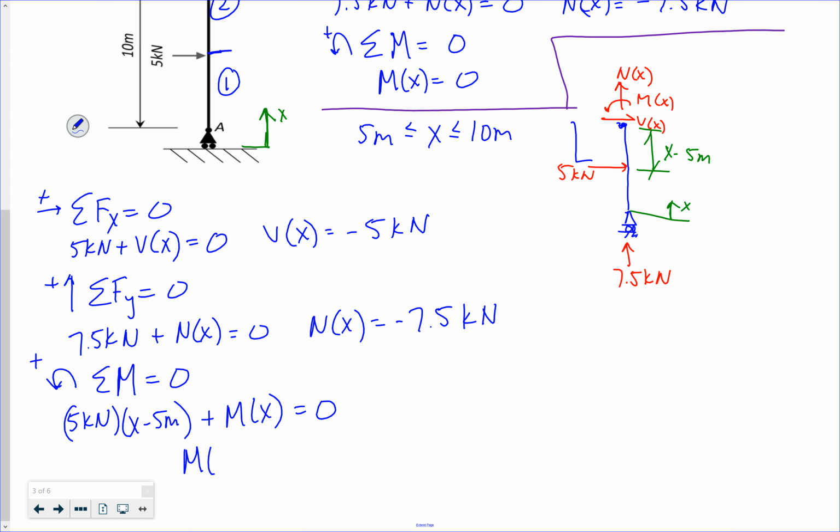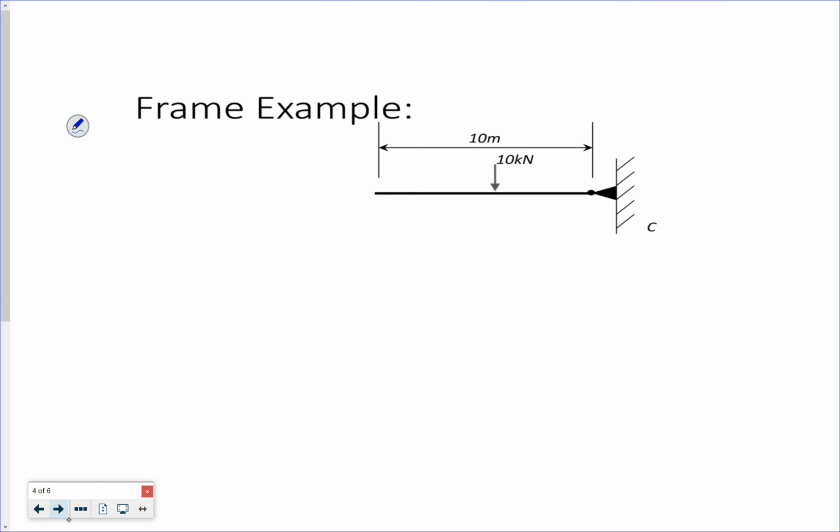So my moment at x is equal to negative 5 kilonewtons, x minus 5 meters, right? That makes sense because I'd have a negative 25 at x minus 10 minus 5, 5 times negative 5, 25 kilonewton meters. So that's the 2 shear, moment, and axial functions in my column.